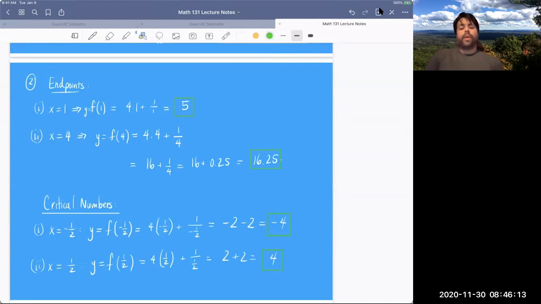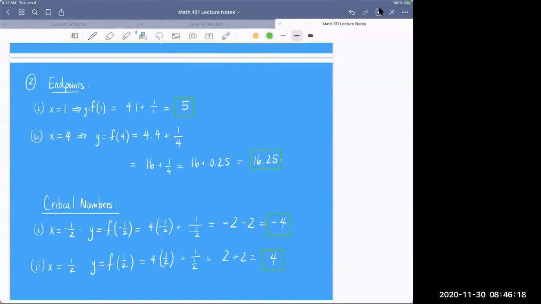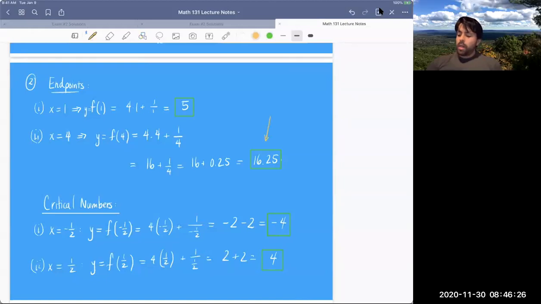I found all the y values for the points that I care about, the endpoints and the critical numbers. So then you say, hey, what's the biggest? 16. The biggest is 16, so this will be known as my absolute maximum.